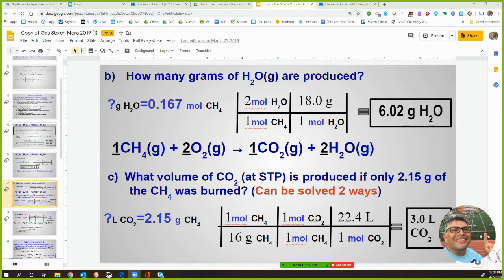And once we're in moles of CO2, then you can use that conversion, which is 22.4 liters per 1 mole of carbon dioxide. And then you just multiply everything on top, the 2.15 times 1 times 1 times 22.4. Then you divide it by 16 grams. That'll give you your answer there at 3 liters of carbon dioxide. So that's one way of solving it.